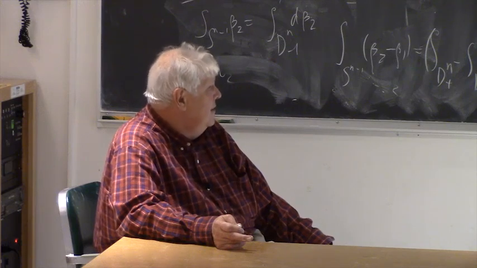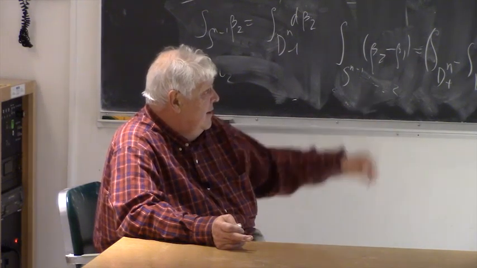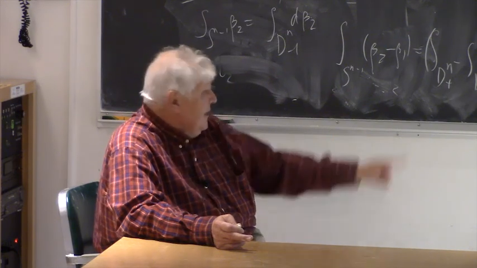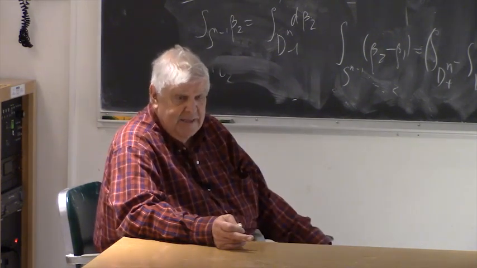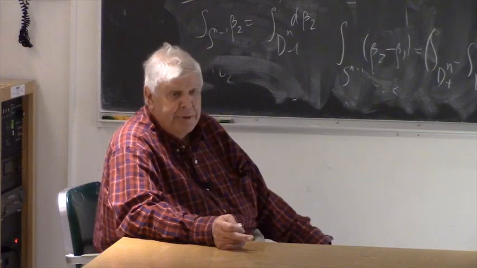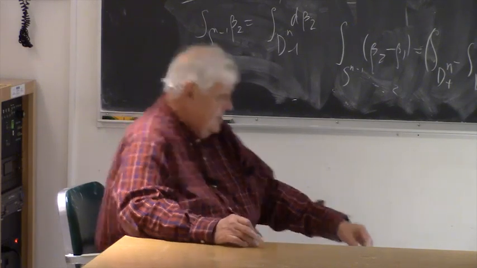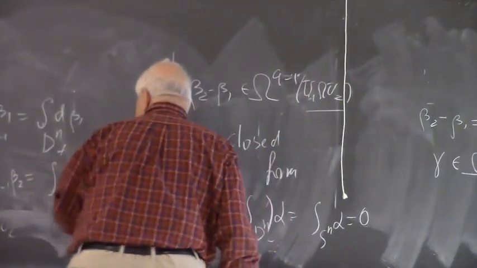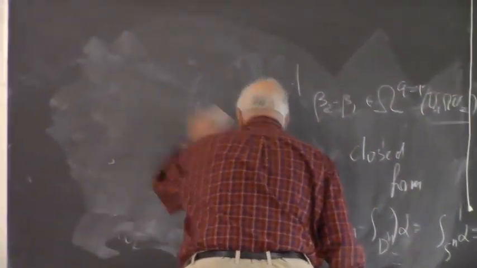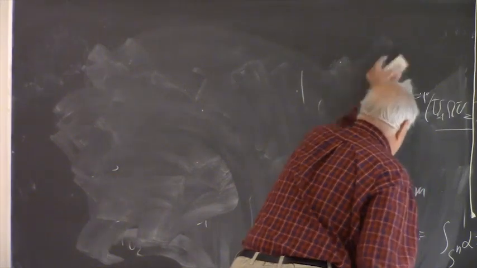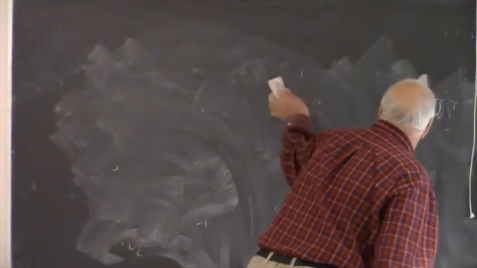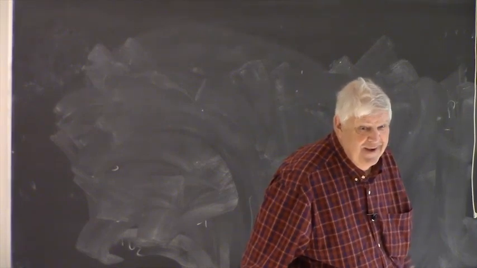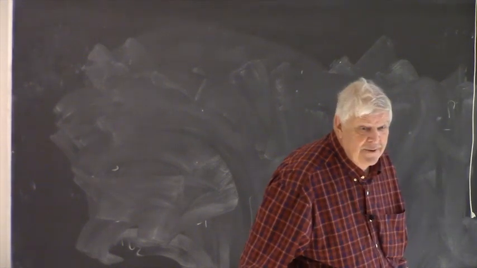So now I want to change the choice of beta 1 and beta 2 using this gamma in such a way that they will agree on the intersection. How to do this? I already said to you that in this proof we will use all we know. And now I want to consider the following thing. The partition of unity, which is subordinated to the covering U1, U2.